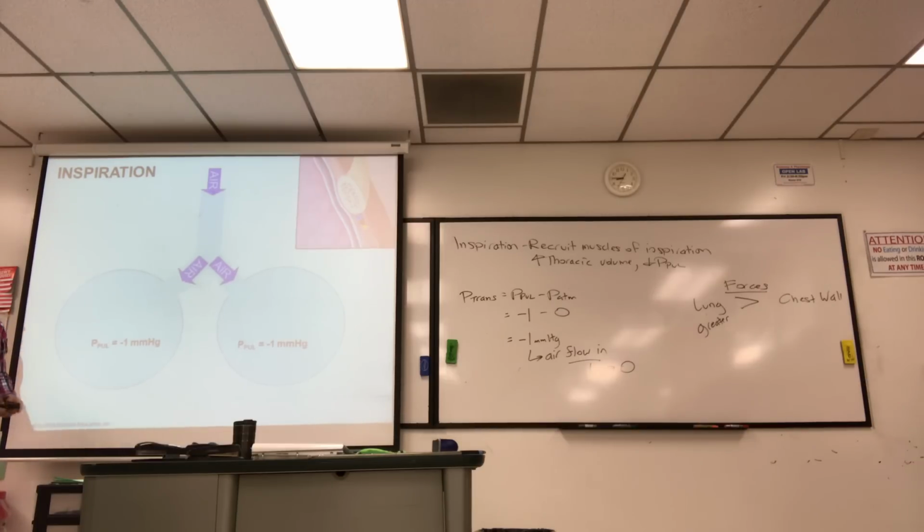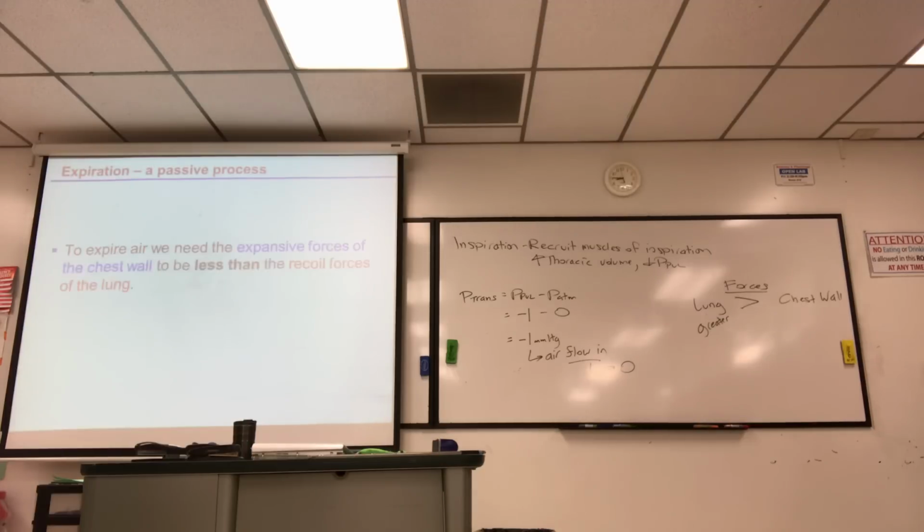That's enough to create a gradient for air to flow in until you equilibrate to 0. Once again, before you take a breath in, you're at 0. First, you increase the volume, decrease the pressure, air flows in until you're at 0. All right, so let's take a breath out.